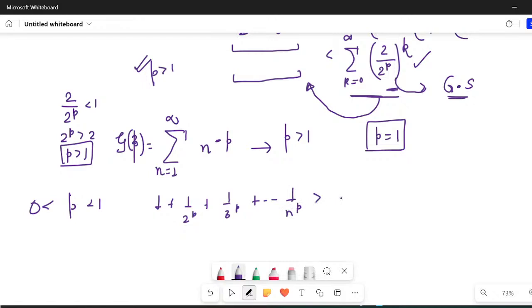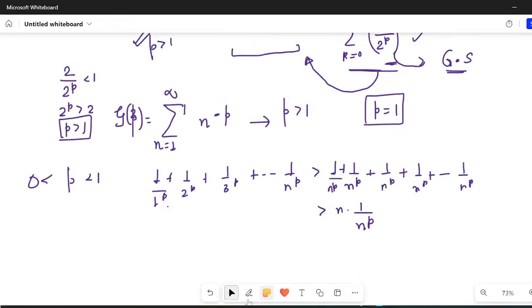Is it not greater than 1 upon n to the power p plus 1 upon n to the power p and so on up to 1 upon n to the power p? Let me write it this way. So this is greater than n into 1 upon n to the power p, or it implies that Sn, the sequence of partial sums Sn, is greater than n raised to the power 1 minus p.